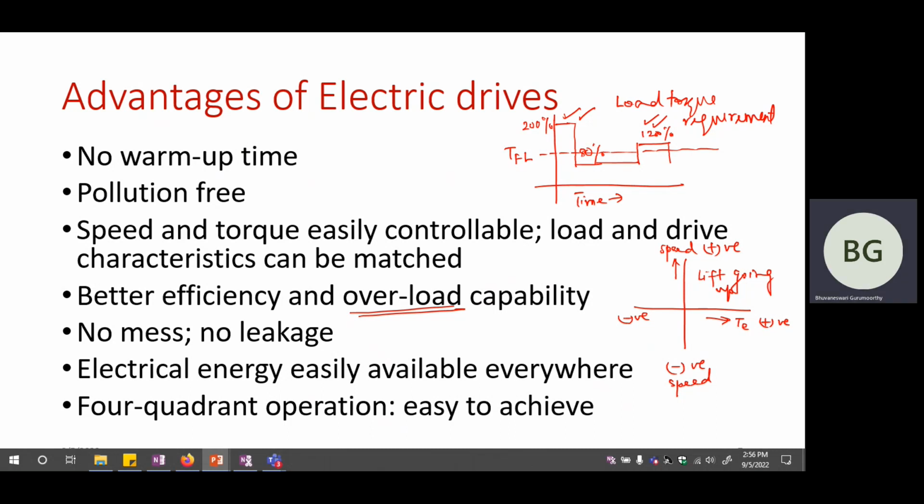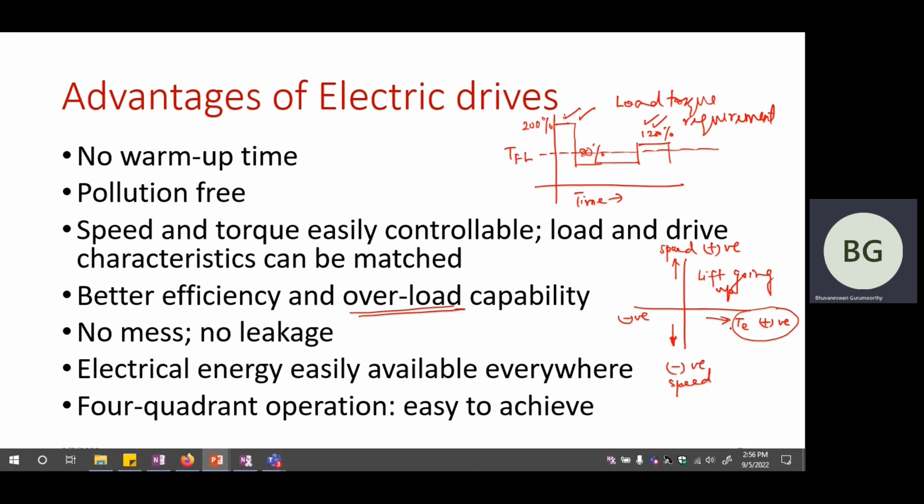Whereas if I want to come down, we may be coming down like this. The speed is in the reverse direction, but if gravity is pulling it, we have to ensure that the lift cage is not coming and dashing on the floor. So to avoid that, we might have to generate a torque which is opposing the motion in the downward direction.